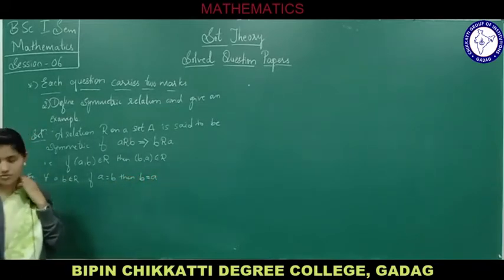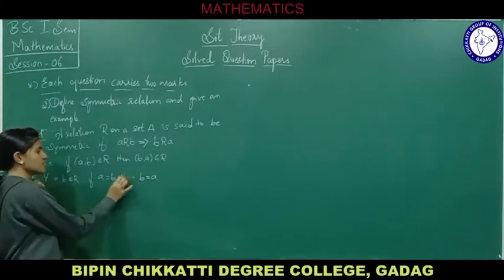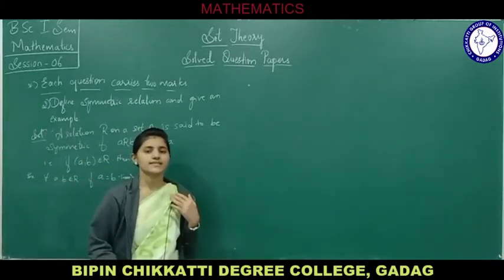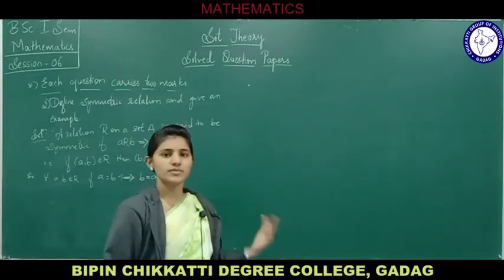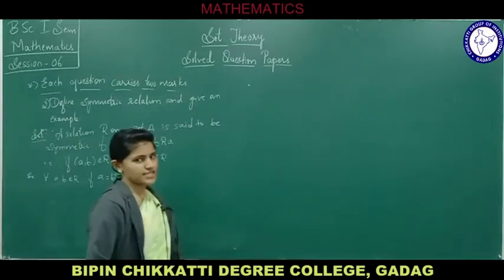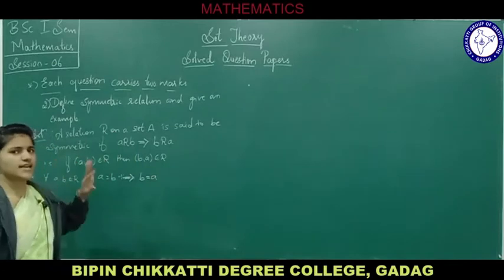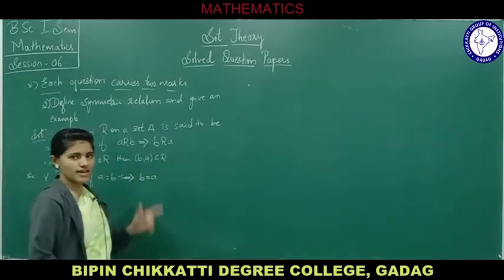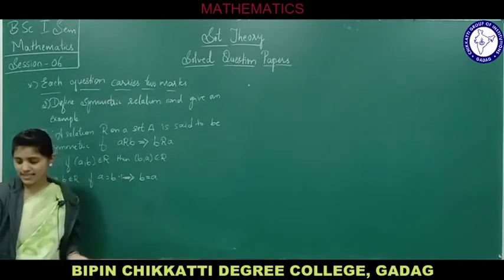If a equals b, this implies that b should also equal a. This is called a symmetric relation. Very simple: if A is related to B, then B should also be related to A. Now let us see the next question.